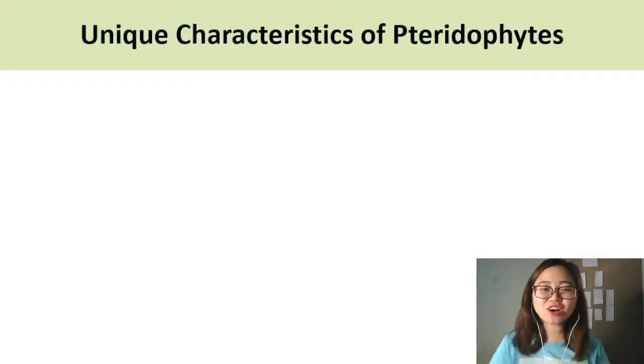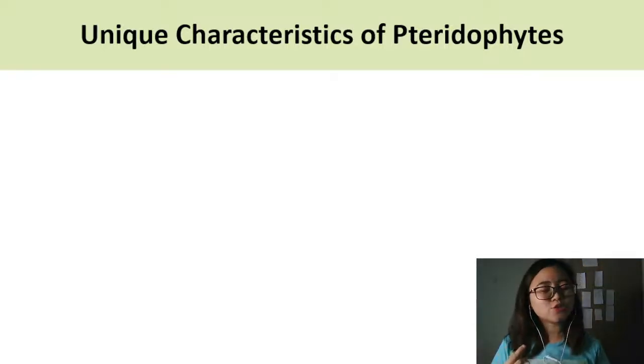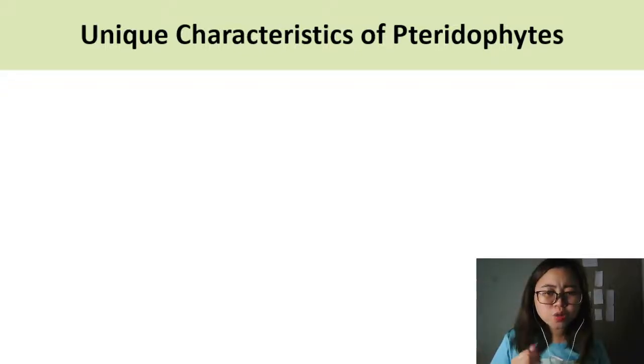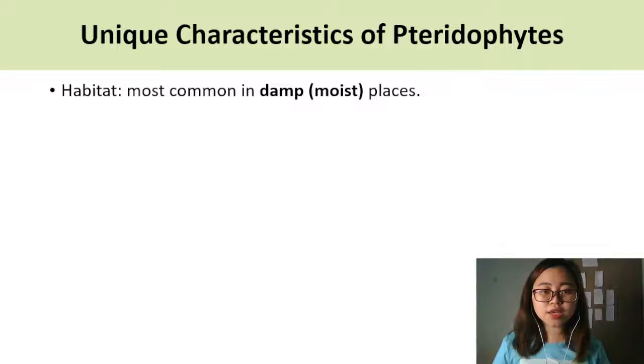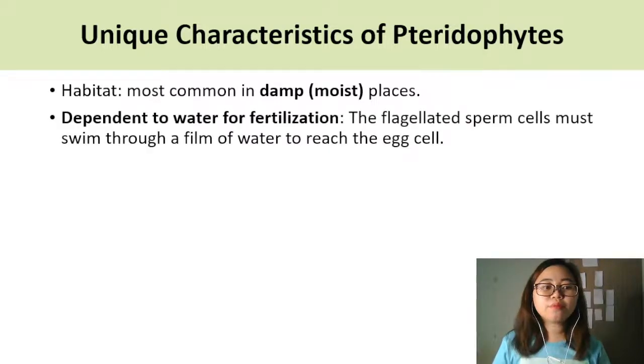Okay, so let's talk about the unique characteristics of pteridophytes, which I hope would come to mind when you think of an image of these plants. Let's think about the fern. Which kind of environment would you find ferns in? That brings us to its first unique characteristic: its habitat is most common in damp or moist places, mainly because it is dependent on water for fertilization.